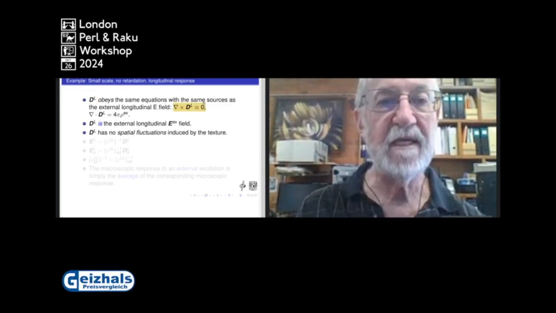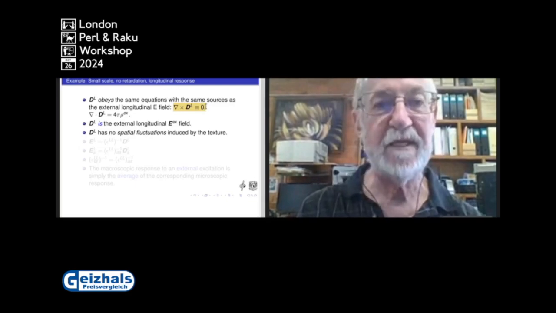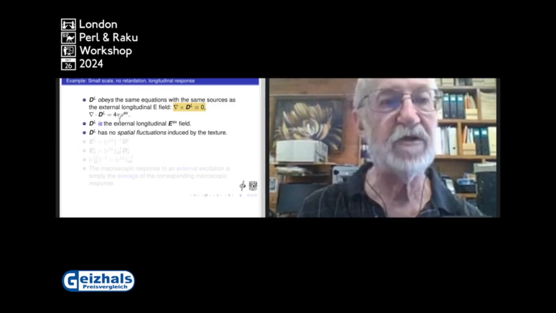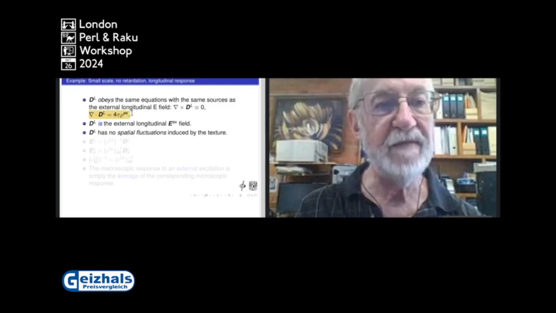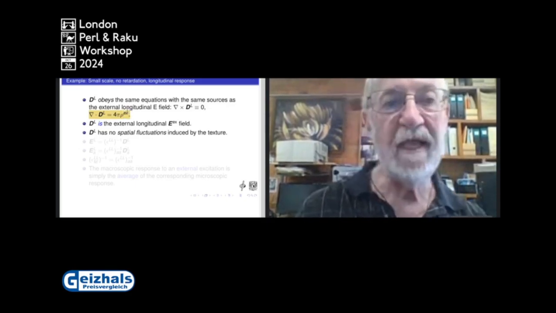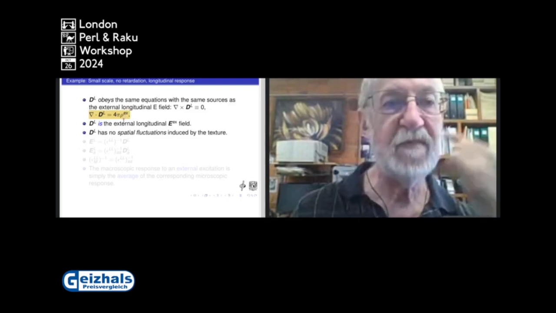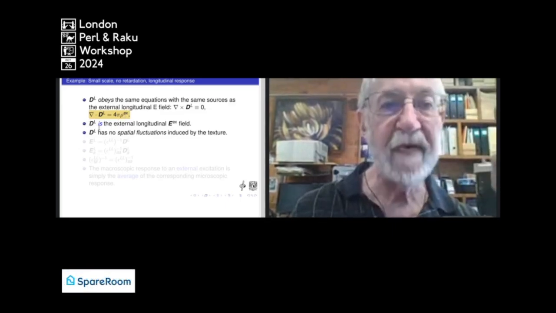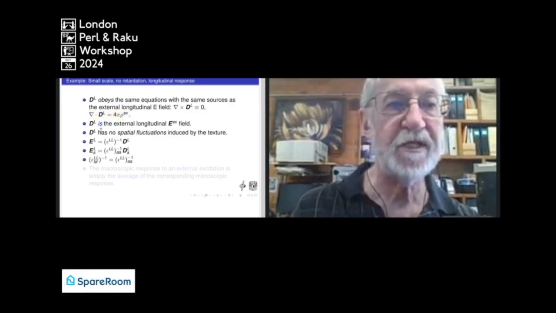The curl of the longitudinal displacement is zero. That's the definition of a longitudinal field. And its divergence is the external charge. So it's unrelated to the texture of the system, and that means that it has no spatial fluctuations induced from the texture.